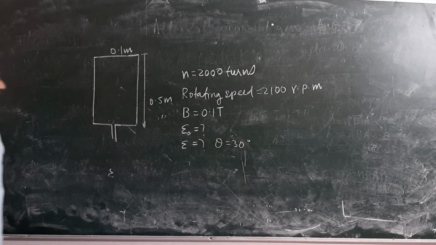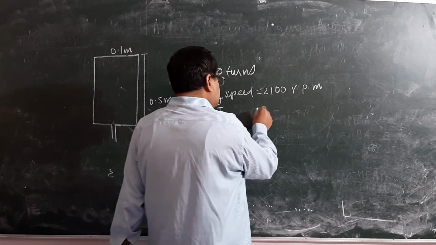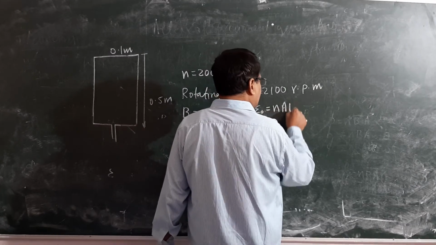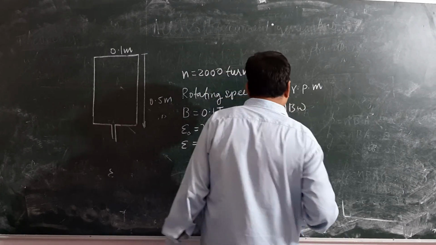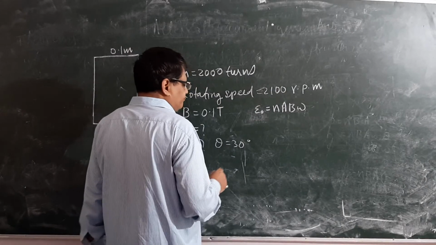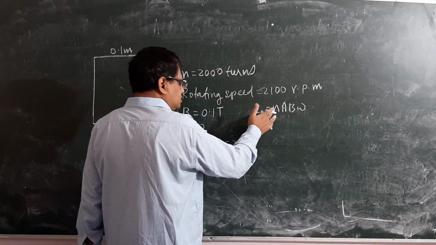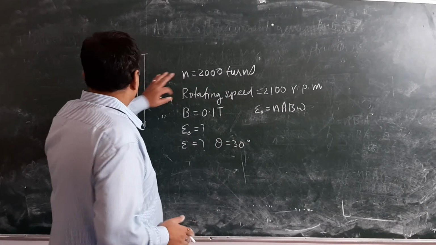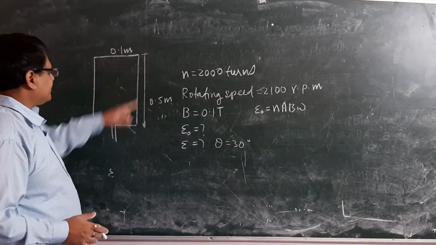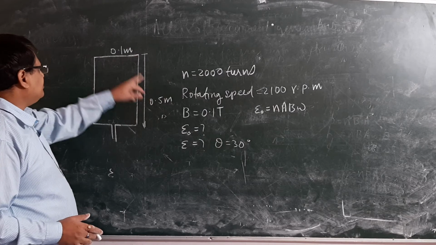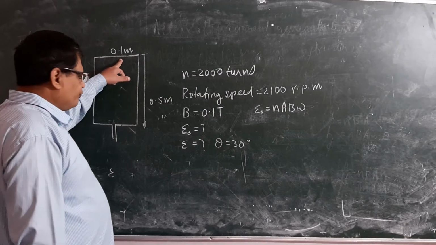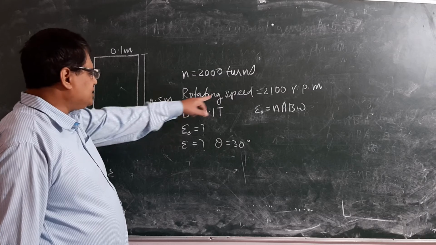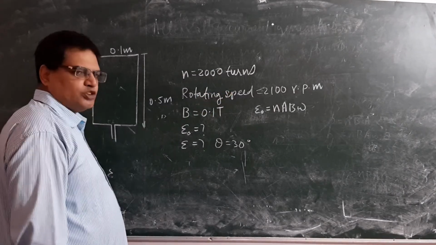Now as we know, E naught is equal to NAB omega. Here we know the value of N, that is already given to us, that is 2000. Area can be found because this is rectangular, that will be 0.5 into 0.1. Value of B is already given to us. And from the rotating speed we can calculate omega.